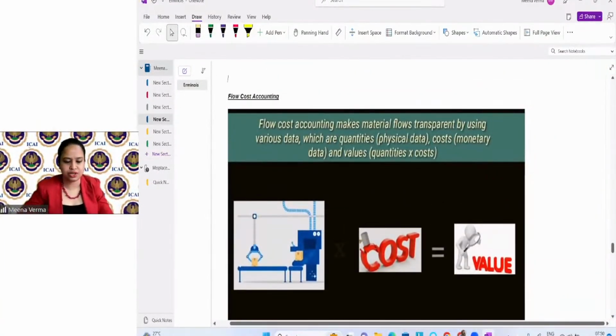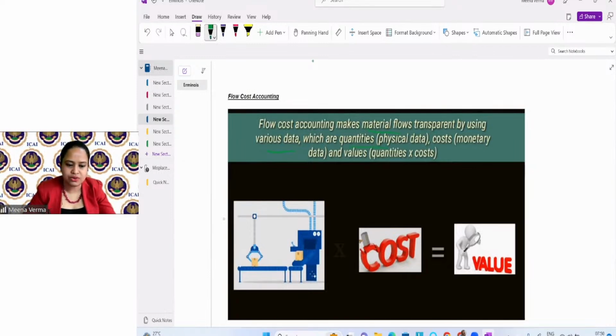Flow cost accounting. In case of flow cost accounting, what will happen? It makes material flow transparent by using the various data, which are physical quantity, cost, and value. It is all actually done for the material, how you are using the material in the company, right?